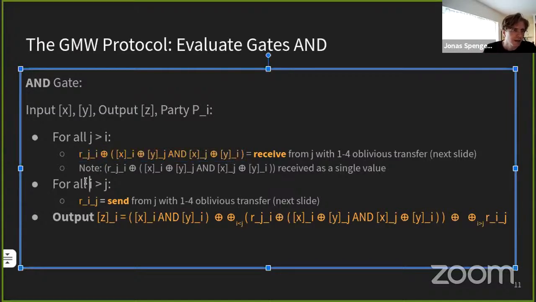And if I is larger than j, then I is the sender, and the sender receives the bit mask from running the oblivious transfer routine, which I'm describing on the next slide, such that in the end, if we're taking the XOR of all these values, the bit mask cancels the other bit mask out.